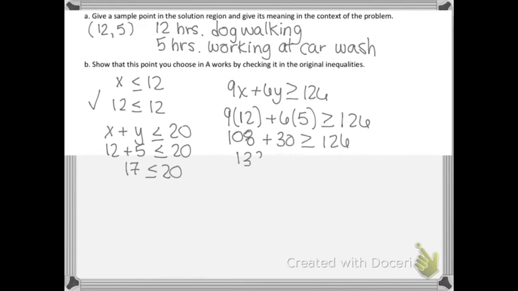So 138 is greater than or equal to 126. So it checks out in all three inequalities. That means it's part of the solution region. So we could actually check that a point's in the solution without even looking at the graph, as long as the point works in all three inequalities.